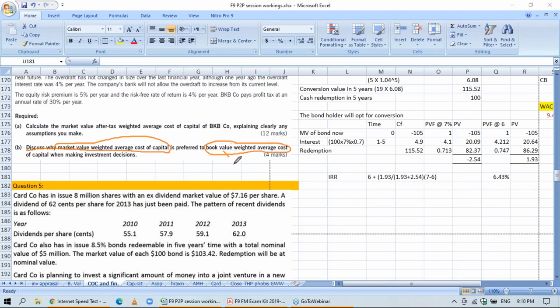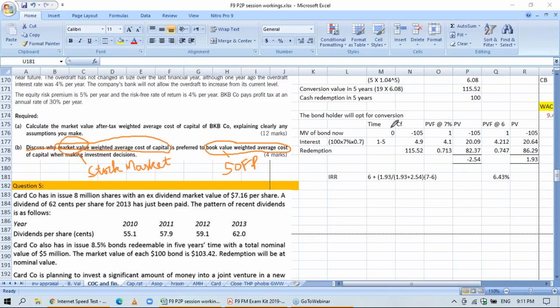Now, book value is the values of equity in the statement of financial position, and the market value is the value in the stock market, the share market.